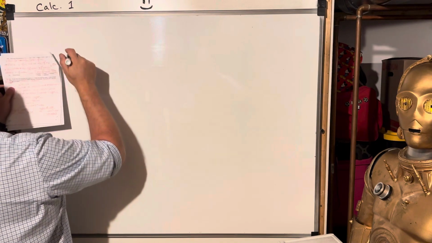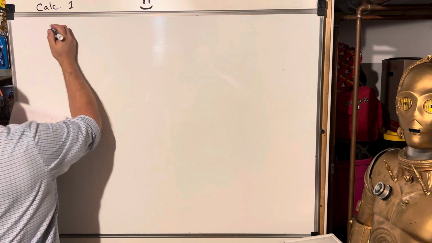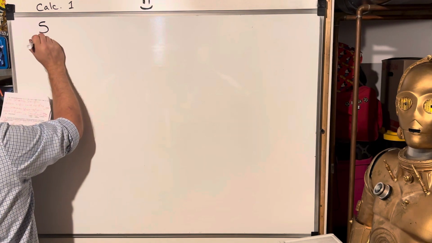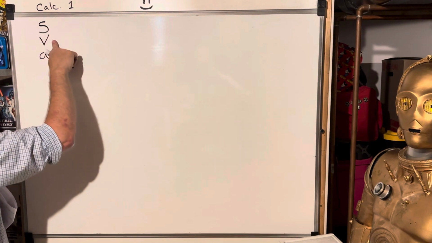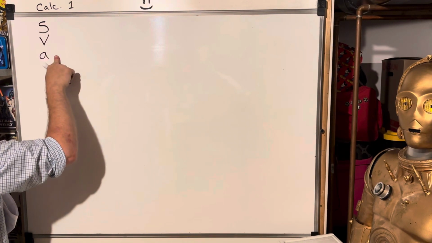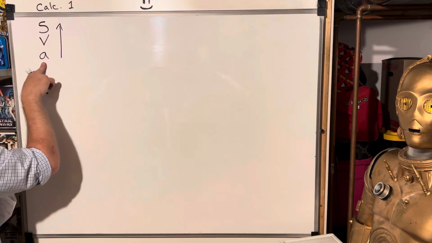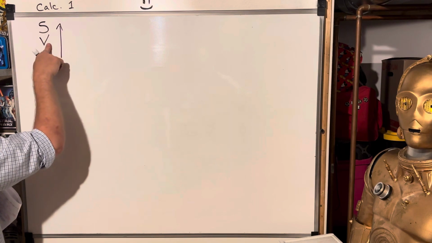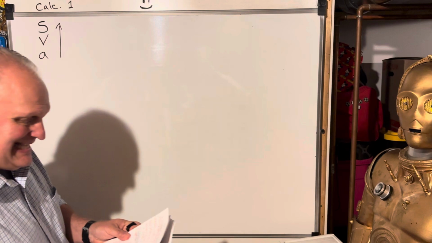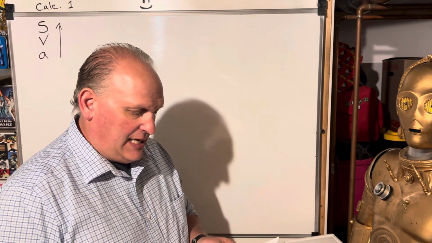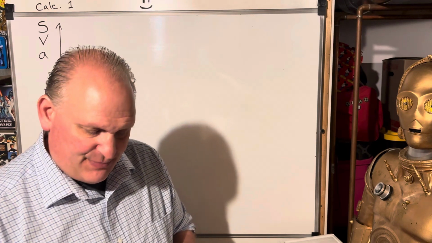We have vertical motion, so S, V, A. If I take the derivative of S, I get velocity. If I take the derivative of velocity, I get acceleration. Integrating, I go back up the chain. So if I take the integral of acceleration, I'll get velocity. If I take the integral of velocity, I'll get my function S. All right, and so let's see.